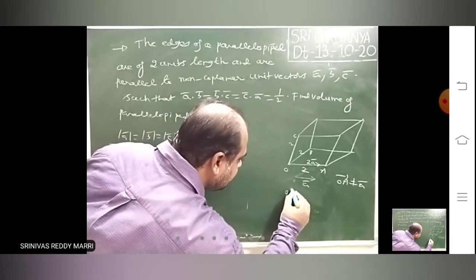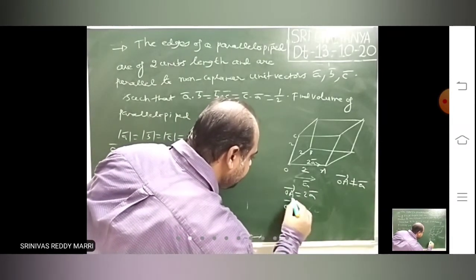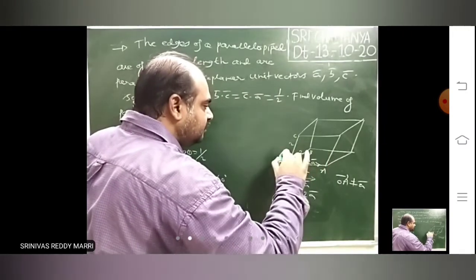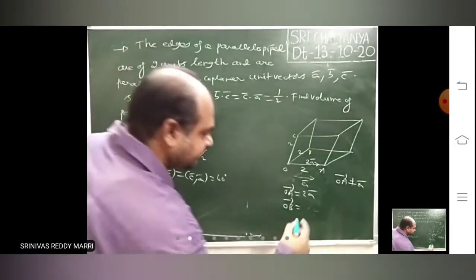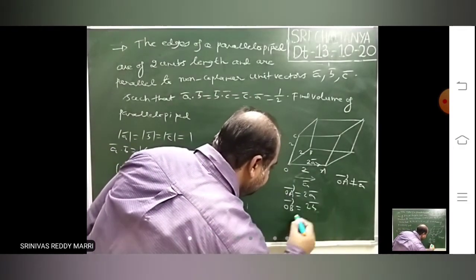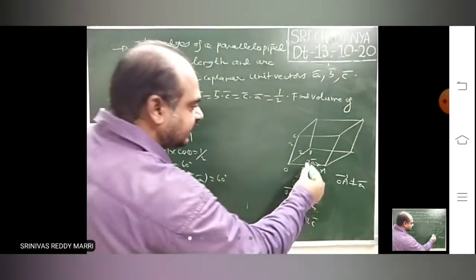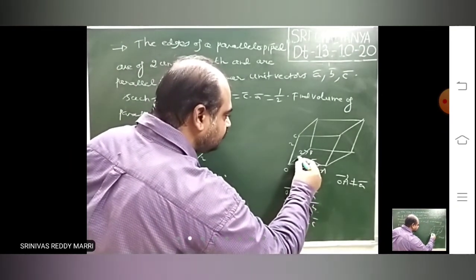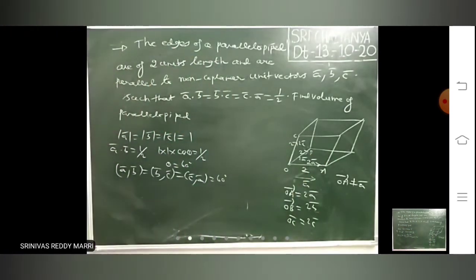That means we can say that OA bar is 2A bar. OB bar is what? Parallel to OB there is one vector, B bar. Parallel to that edge, this length into unit vector along it, 2B bar. So OC bar is what? 2C bar. That means coterminous edges are 2A bar, 2B bar, 2C bar.